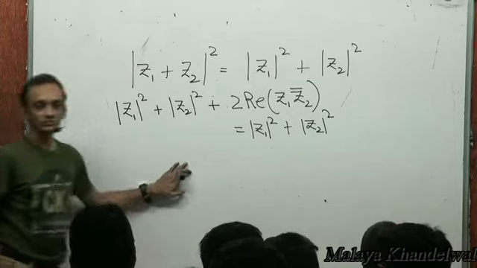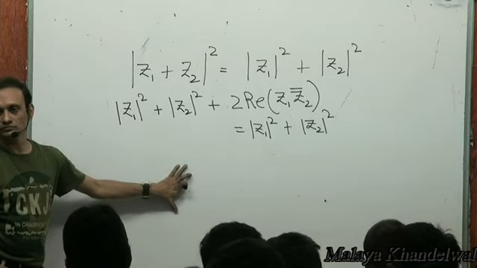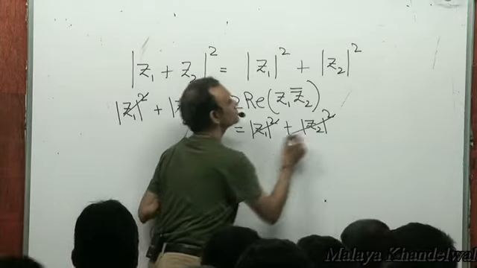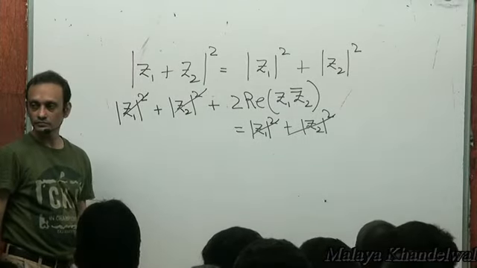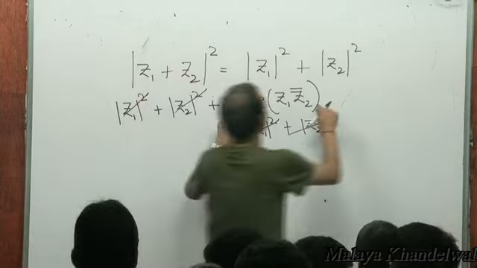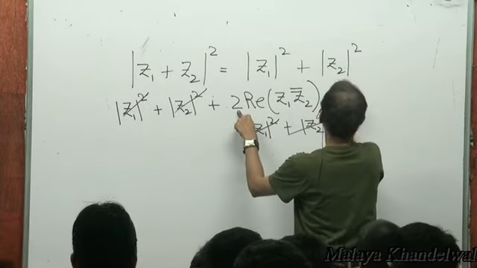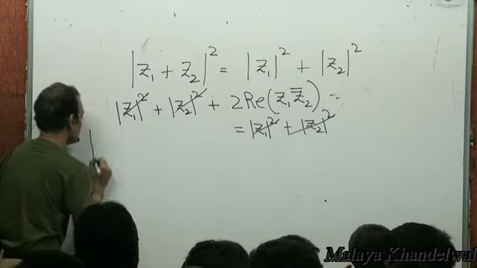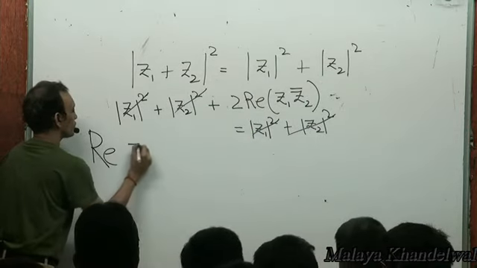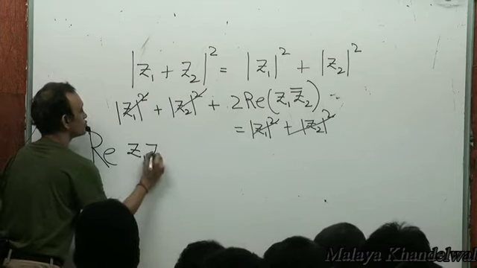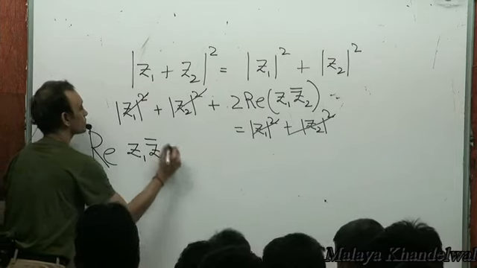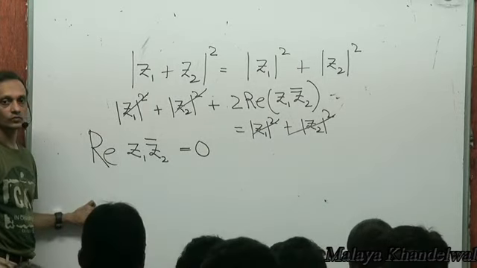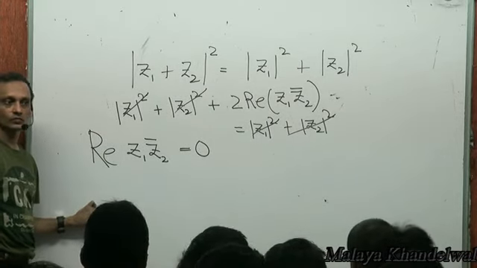Yes or no? Right? Which means this part must be 0, right? That means real part of z1 z2 bar must be 0, right?